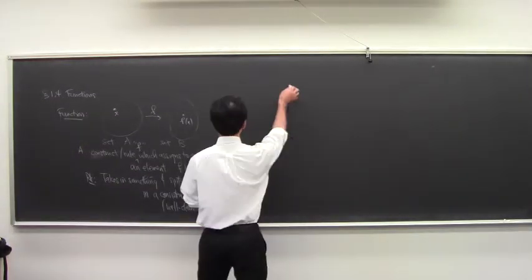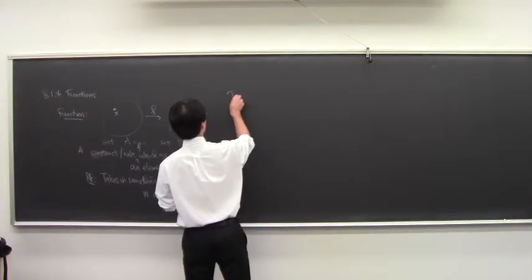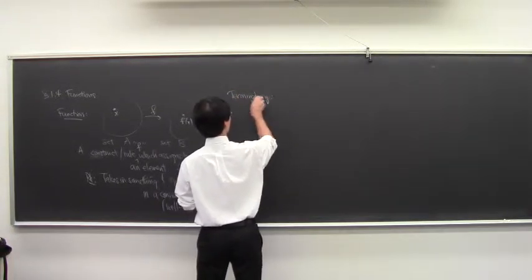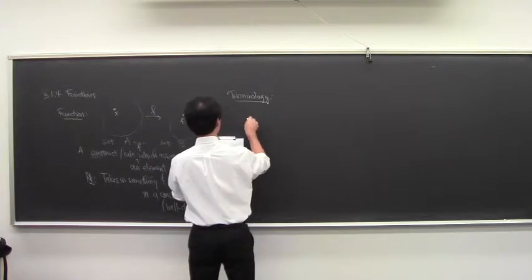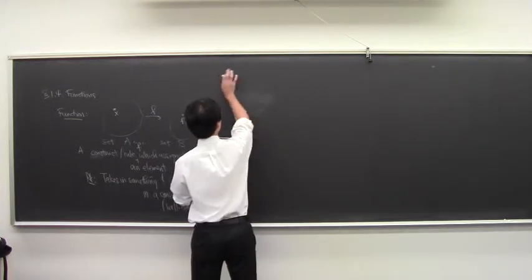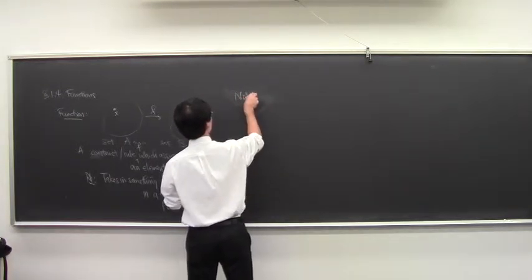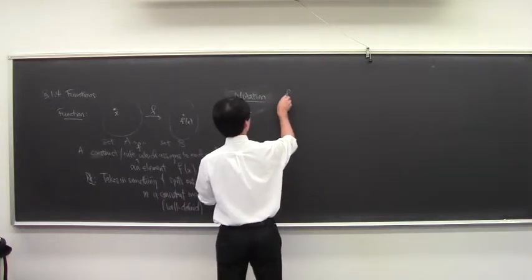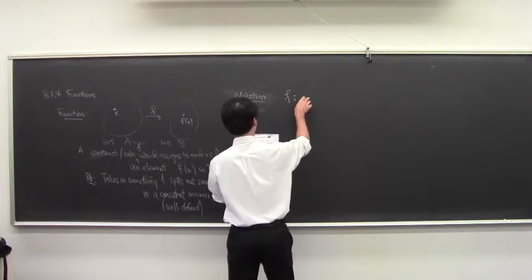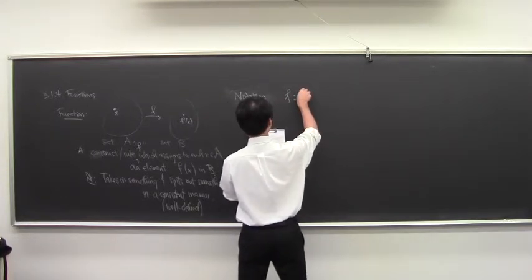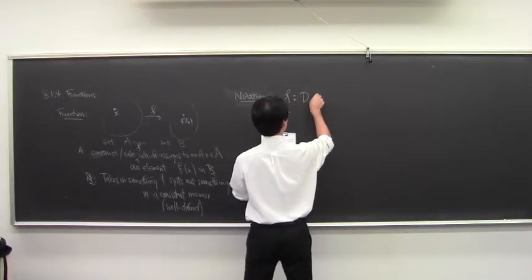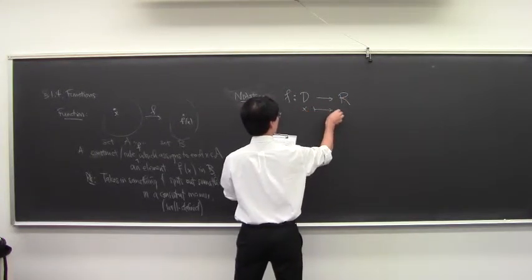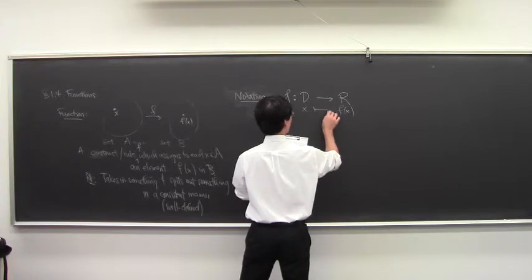Okay. So just some terminology. Actually, just call this notation. If I write something like this, f goes from some set G to some set R, with a different arrow, x goes to f of x.